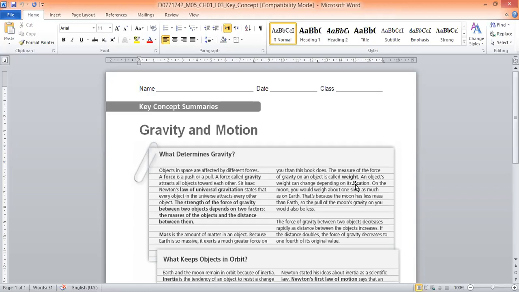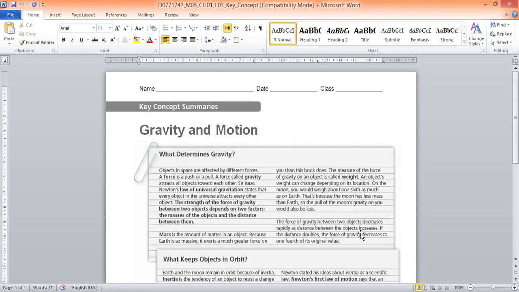It will differ from planet to planet, and it also depends on the distance between the object and the planet itself. On the moon, you would weigh about 1/6 of what you weigh on Earth. That's because the moon has less mass than Earth, so the pull of the moon's gravity on you would also be less. It will be actually 1/6 of your weight.